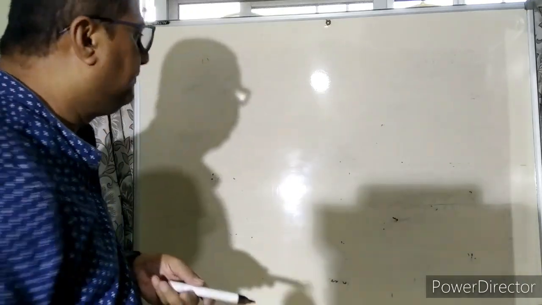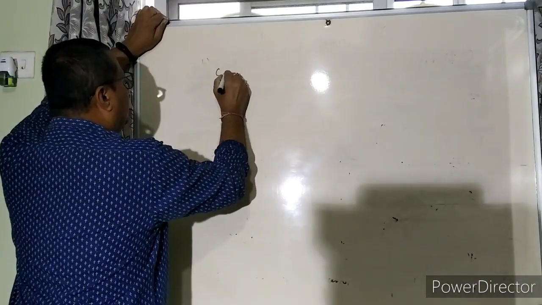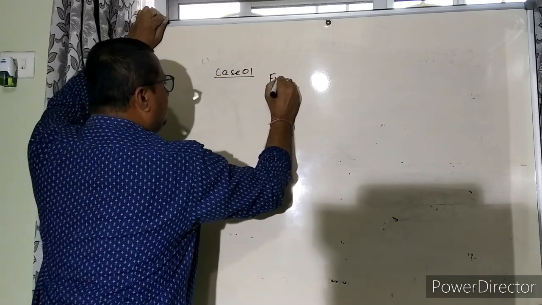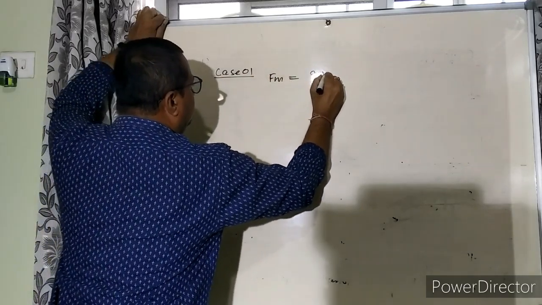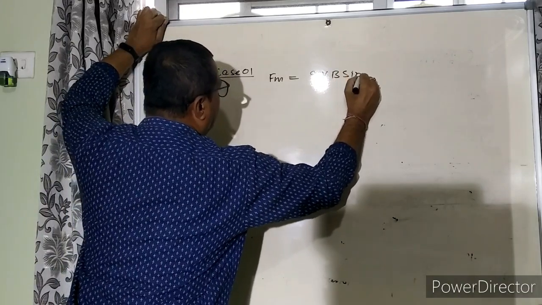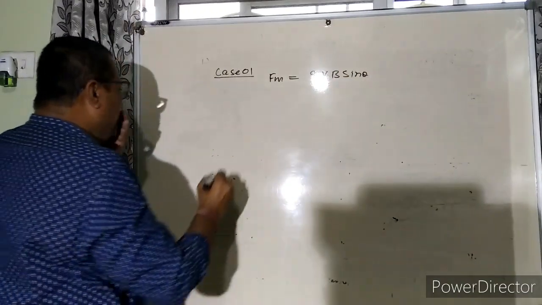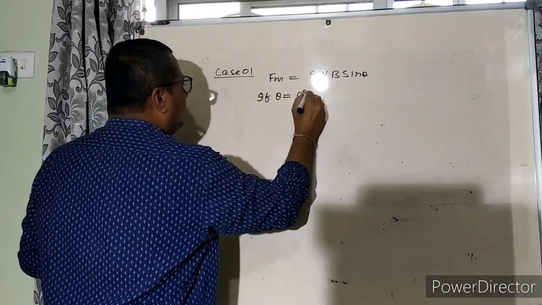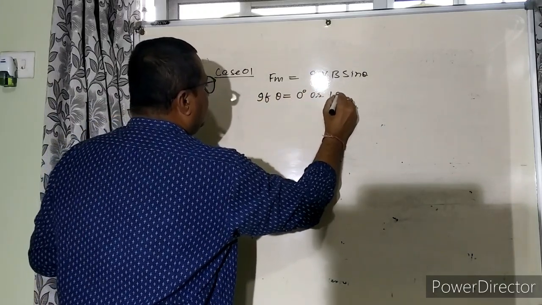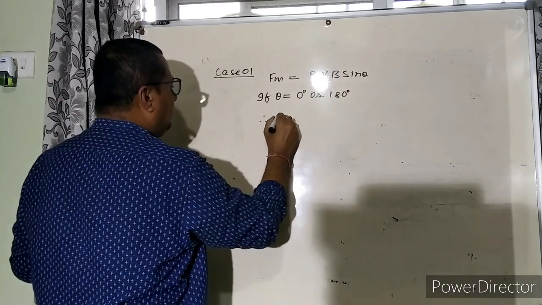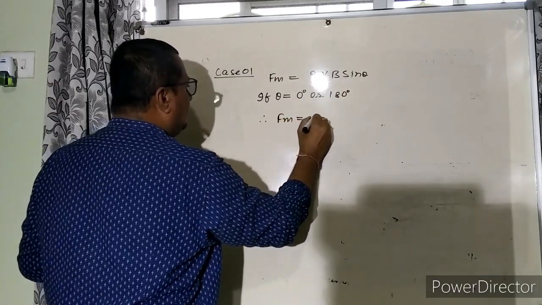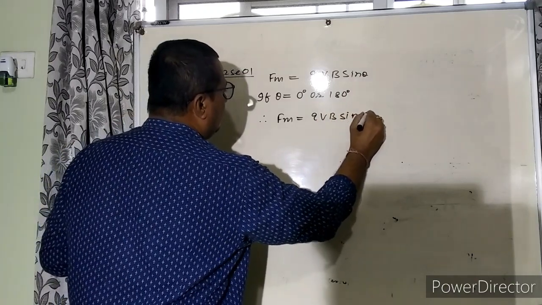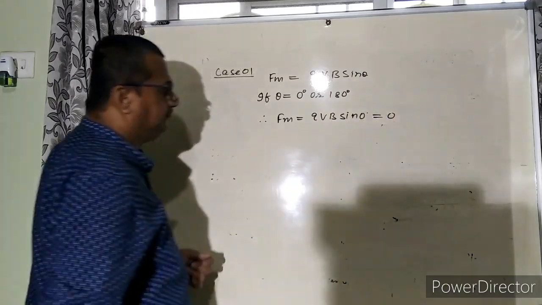Case 1: since Fm is equal to qVB sin theta, if theta equals 0 degree or 180 degree, then Fm is equal to qVB sin 0 degree, and that is equal to 0.